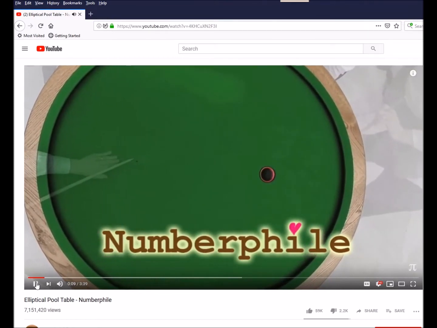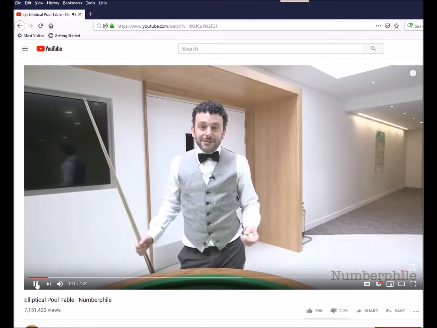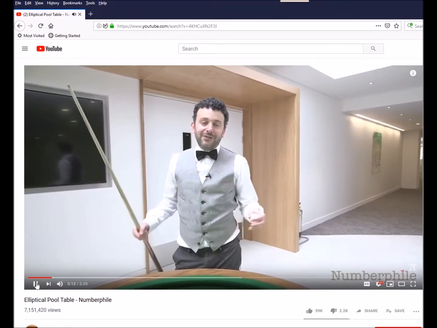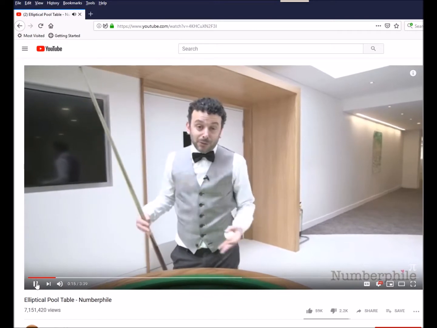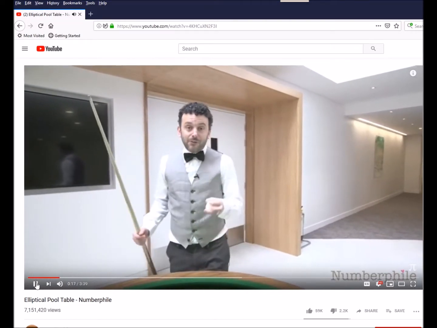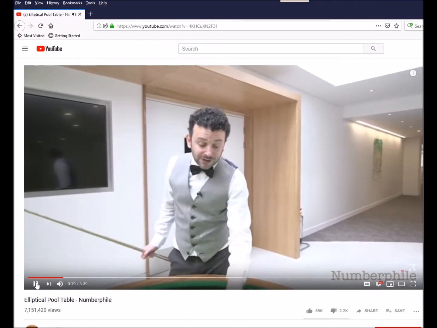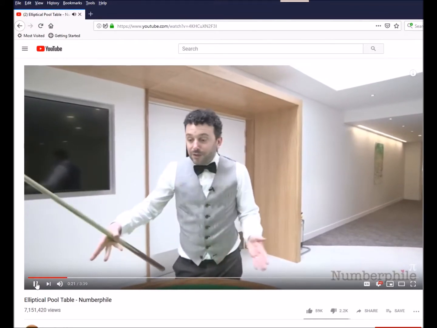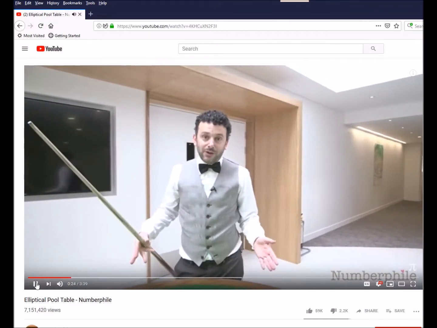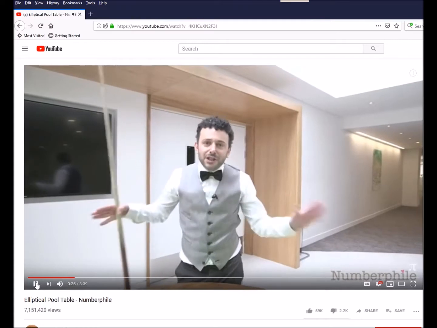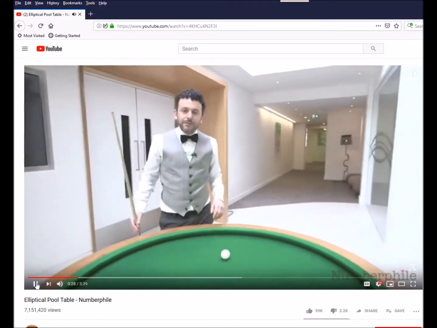Ever since pool or billiards has existed, mathematicians and physicists have had these thought experiments about mathematical pool, because it's great for working out how a particle, or in this case a pool ball, will rebound against the sides and where it will go. So I thought, enough of these thought experiments, let's build one.